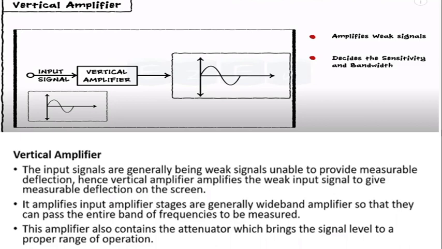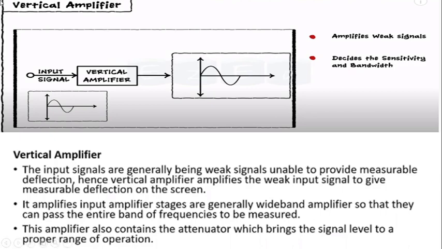The vertical amplifier is the first block of the CRO. The input signal to be displayed on the screen of the CRO is applied to the vertical amplifier, as seen in the figure. This amplifier amplifies the weak signal.